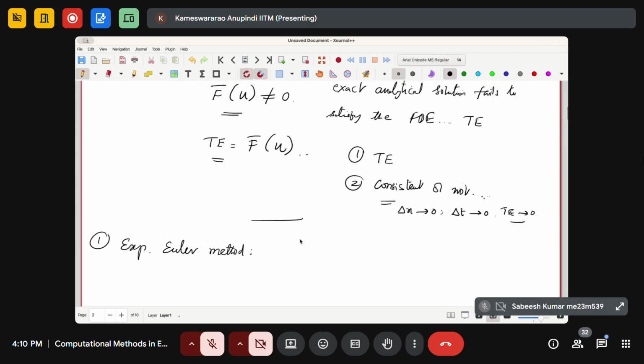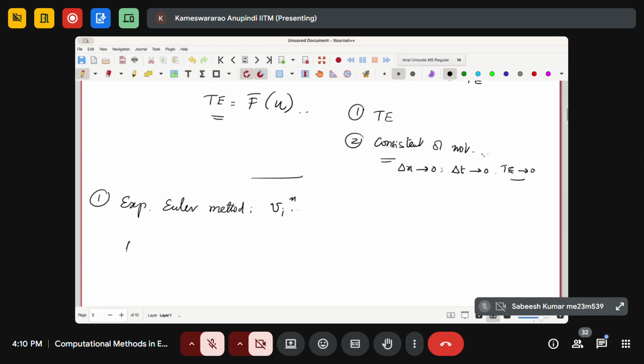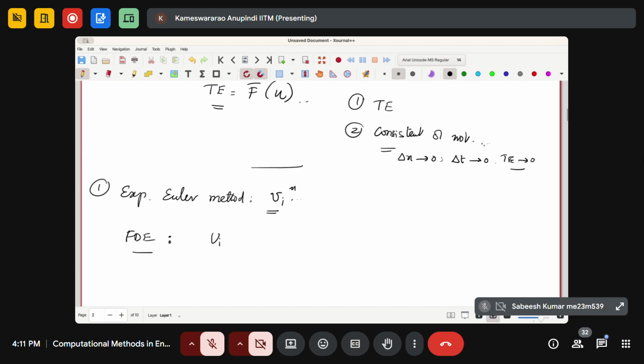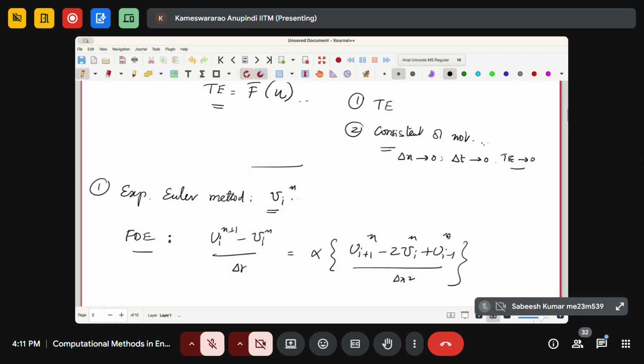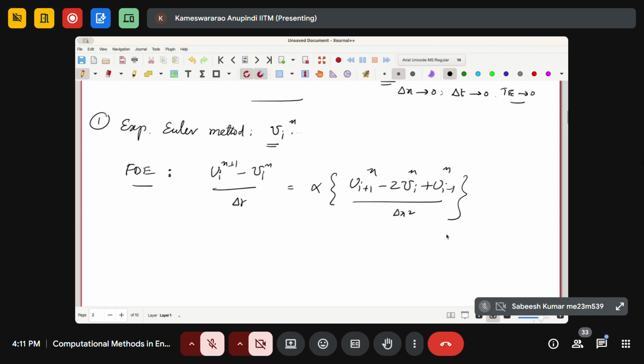If I write the finite difference equation in terms of capital U_i and other quantities, the finite difference equation satisfied by the capital U_i's is written as U_i^(n+1) minus U_i^n divided by delta t equals alpha times U_(i+1) minus 2U_i plus U_(i-1) divided by delta x squared, all at time level n. That is my finite difference equation.